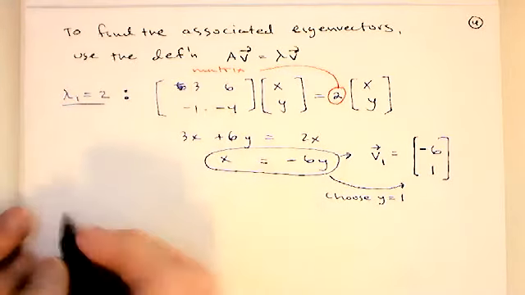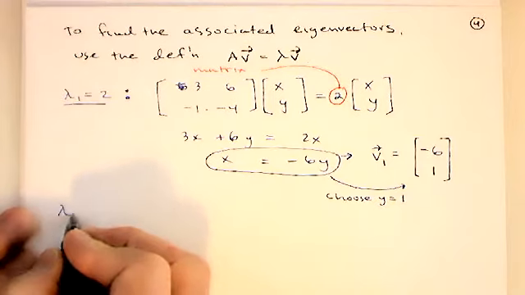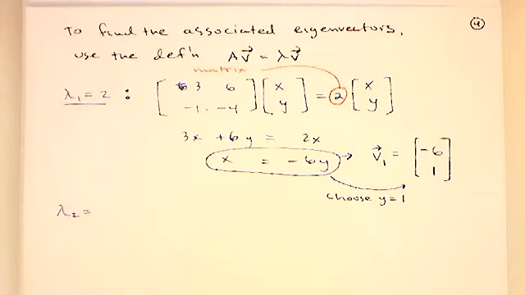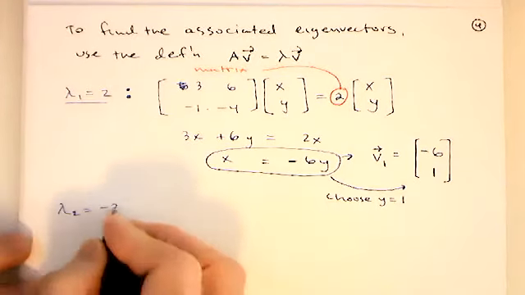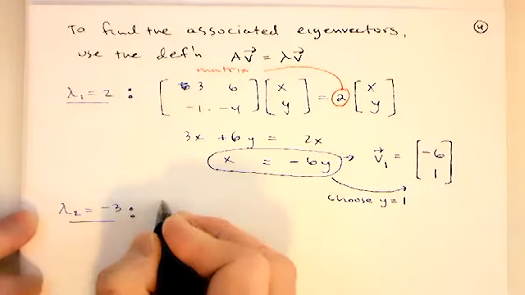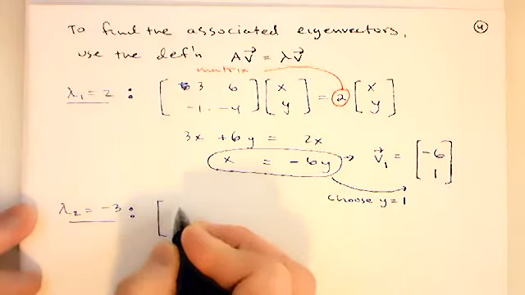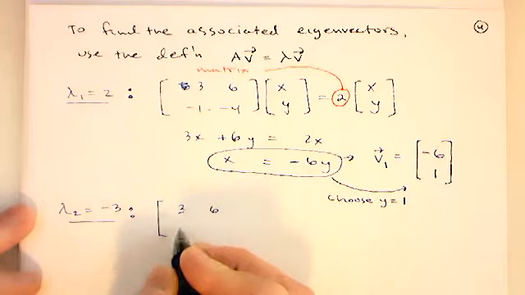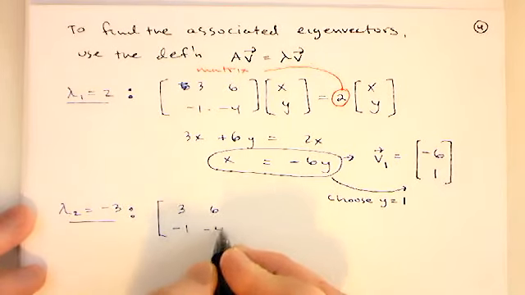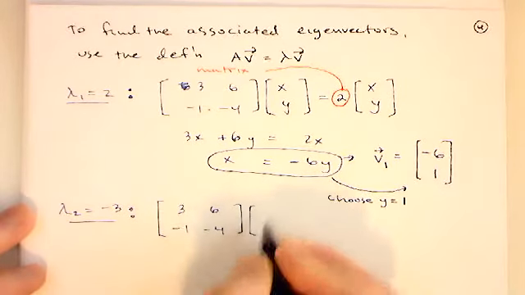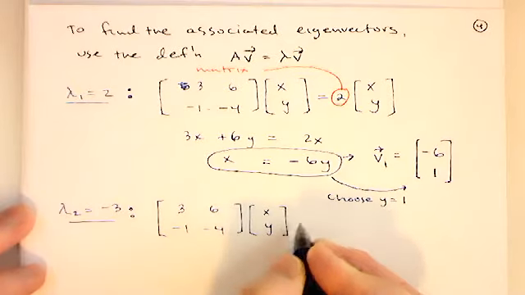Now remember, we had another eigenvalue. Our other eigenvalue was -3. So let's find the corresponding eigenvector. And we'll just do it the same way. We're going to multiply our matrix times our eigenvector, which is going to be different.